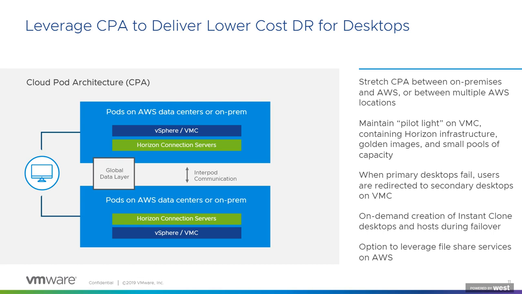But most customers would want the user to have access to either a user profile or some user data, even during the DR event. So in those cases, what would be important is to replicate the user data between the on-prem data center as well as your Horizon 7 on VMware Cloud on AWS, right? And you can either stand up your own file share service or you can use one of the AWS file share services.